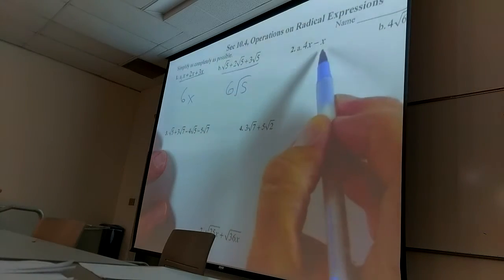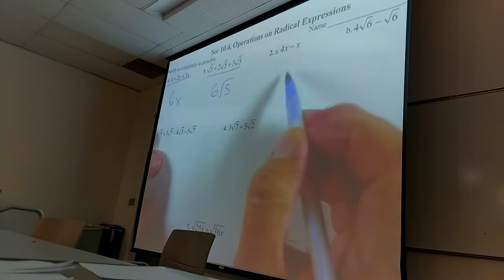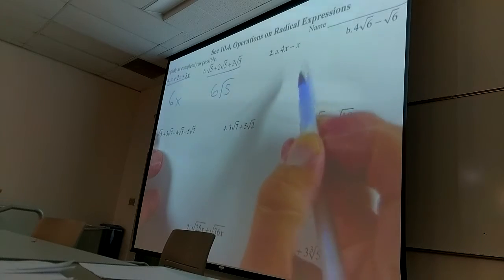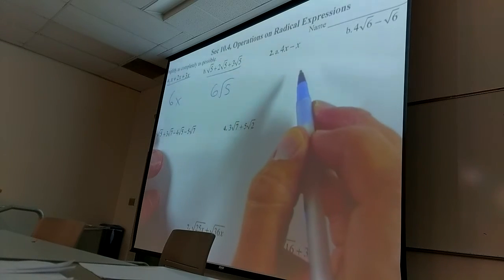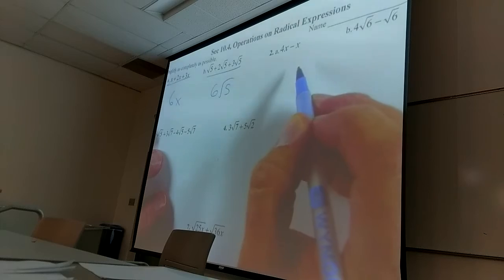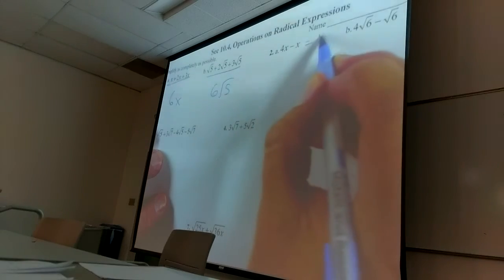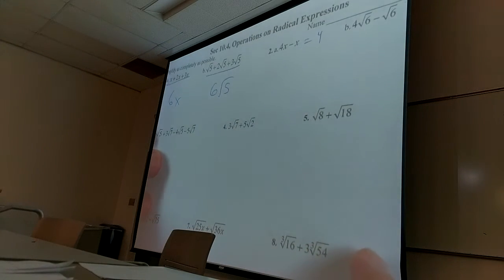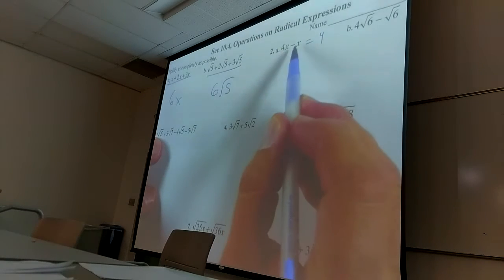Same thing here. Don't put 4 as the answer. If somebody put 4 here, what do you think they think? They say equals 4. Looks fantastic, because I killed the x. No, you can't kill multiplication with subtraction.